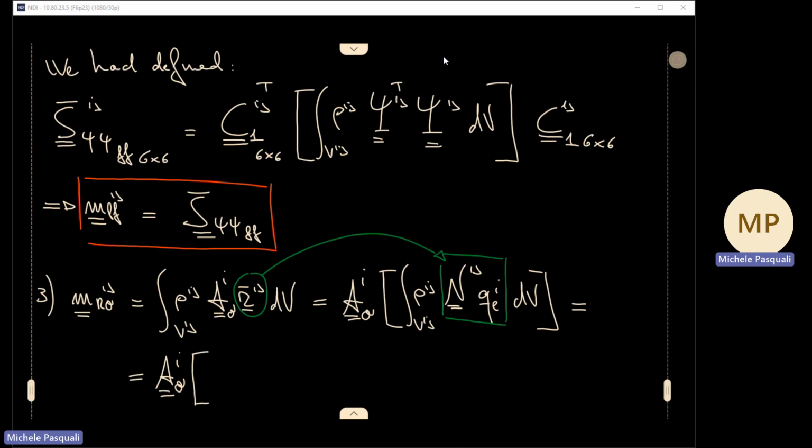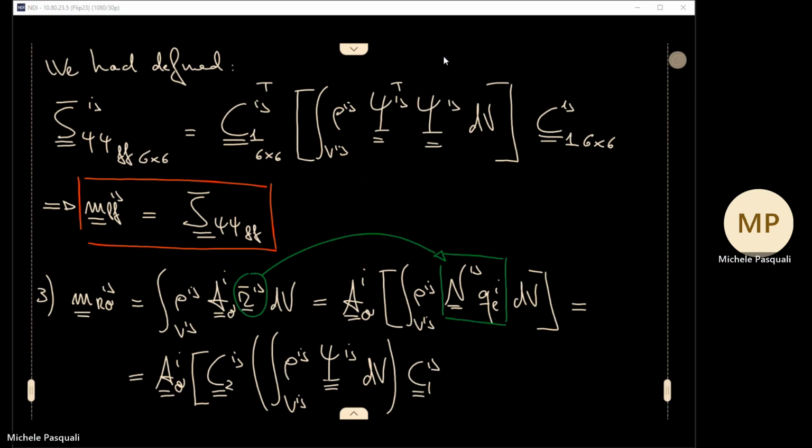Let's again unpack the matrix N. So we have C2 Ij, and then we have the integral over the volume of the element of the density, the shape matrix C, the V, we close the round bracket, then we have C1, and all of this multiplied times QE I, okay?